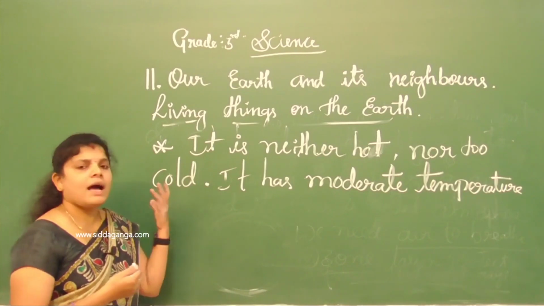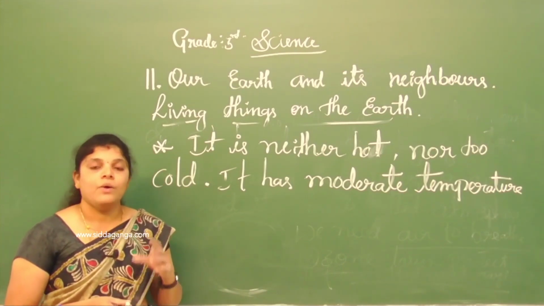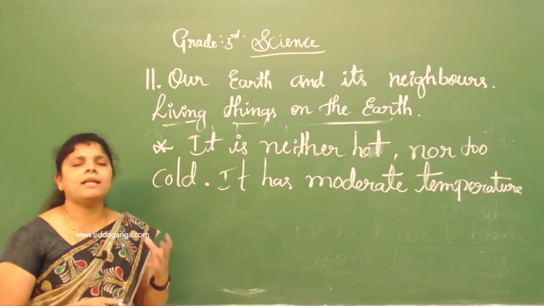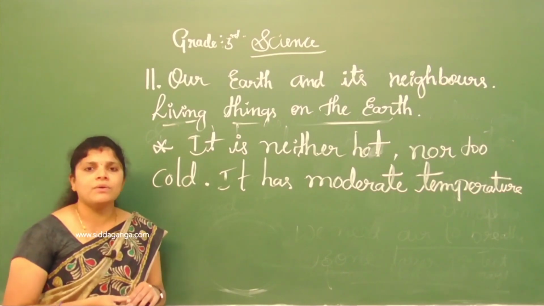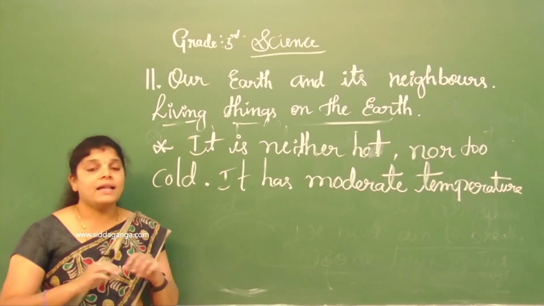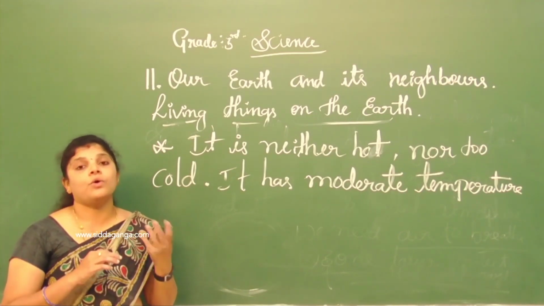Okay, what about other planets? Let's learn about other planets. Okay, why? In other planets there is no life. So why is there no life on other planets? Because there is no water. First, there is no water, and there is no atmosphere, and there is no moderate temperature.